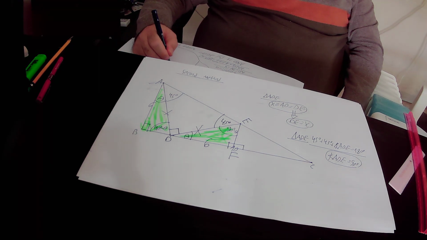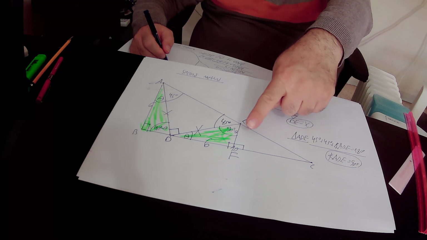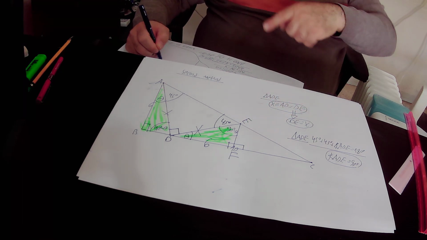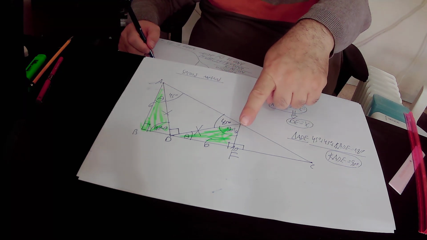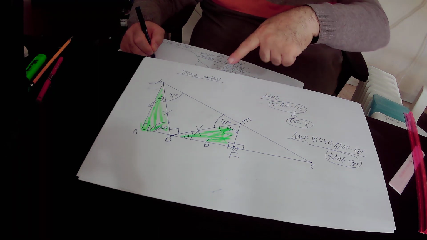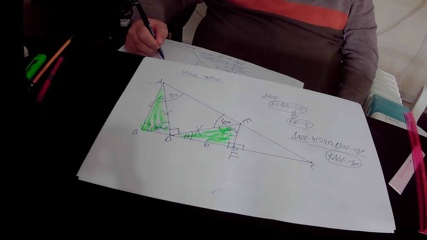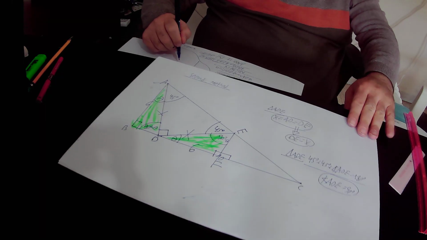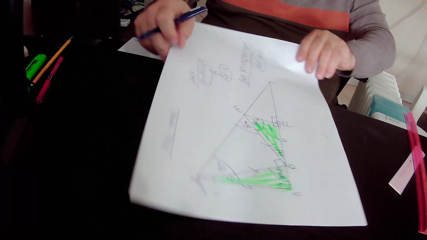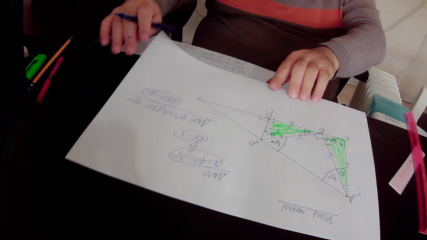So FC equals DC, that is 10 units, as given in the question, minus DF, which we just found out equals 6. So in conclusion, FC equals 10 minus 6, that is 4 units. You can write here that FC equals 4 units.